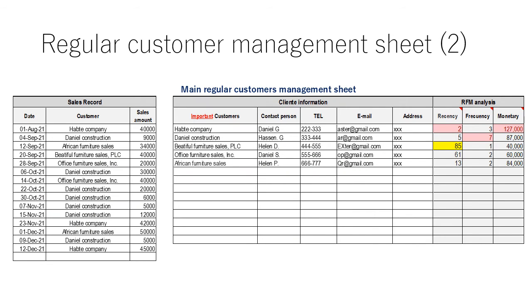Thus, this customer management sheet can reveal which customer has bought enough in terms of recency, frequency, and total amount. If some clients have not bought from the company recently, it is recommendable to call by phone to ask for new orders. In this way, the company will not lose sales opportunities.